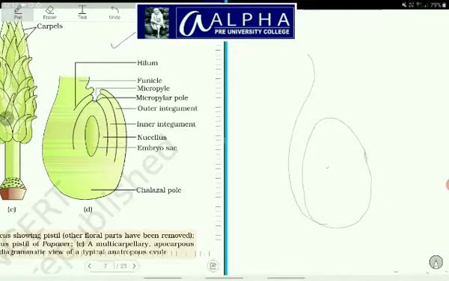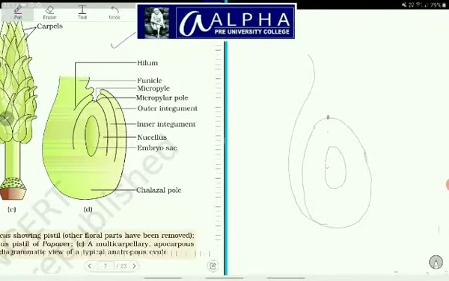Okay, now I will write another oval structure at the middle point of the egg like this. Okay, so now I mark this point, the upper point of the egg. It's the point where the micropyle is present.